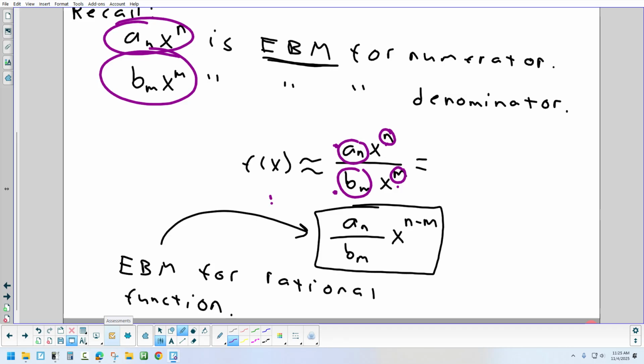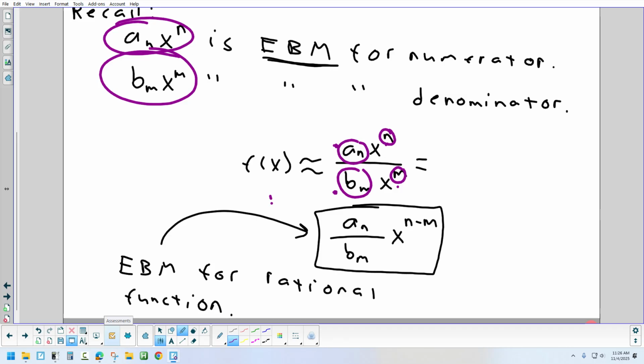Now, if m was bigger than n, you could end up with a negative number for the exponent. We don't generally want to leave something with a negative exponent. If you have something with a negative exponent, where can you put it in a fraction so that it's no longer negative?